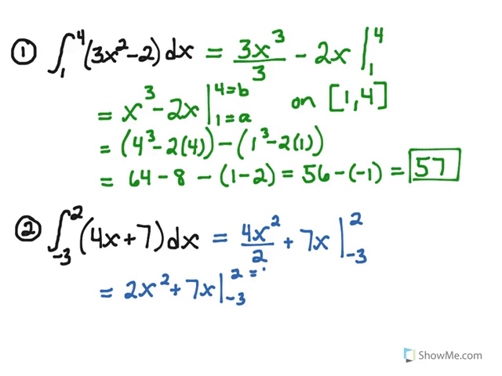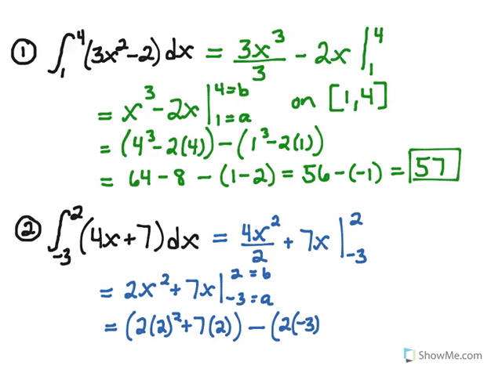And again, the 2 at the top is the b, and the negative 3 at the bottom is the a. So now we're going to plug in the 2 first, 2 times 2 squared plus 7 times 2, minus, now plug in the negative 3, 2 times negative 3 squared plus 7 times negative 3.